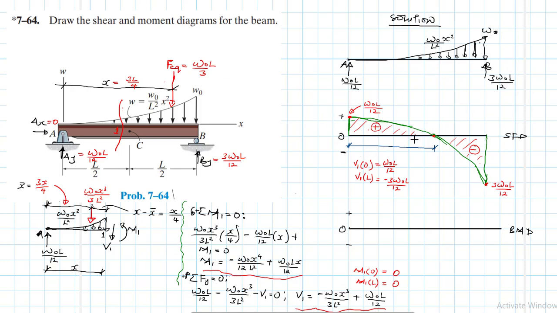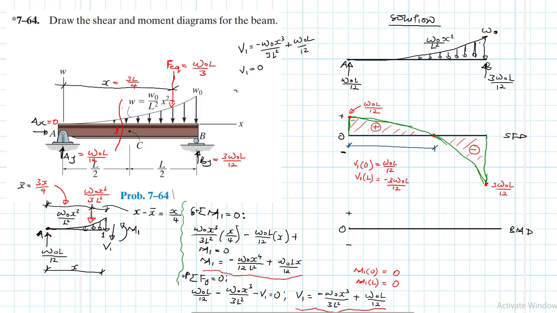So let's find that value, and for us to find that value, we need to just use the equation of shear. We have our shear equation as V1 equal to minus W naught x cubed divided by 3L squared plus W naught L over 12. So V1 we are saying is equal to 0.